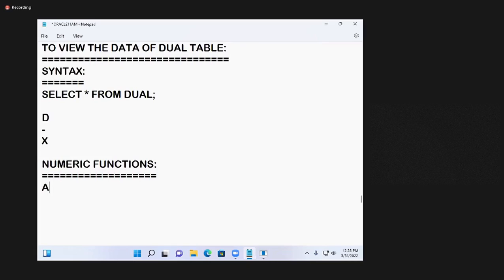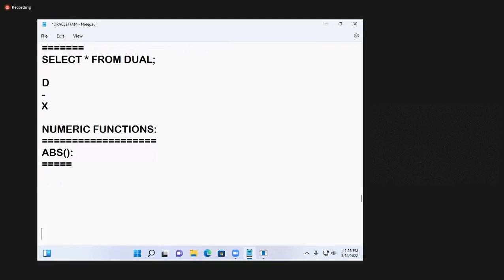In this, one of the functions is the ABS function. The first function you can see is ABS. ABS is nothing but the absolute function. If anybody asks you what ABS stands for, it stands for absolute. And what is this function's purpose?